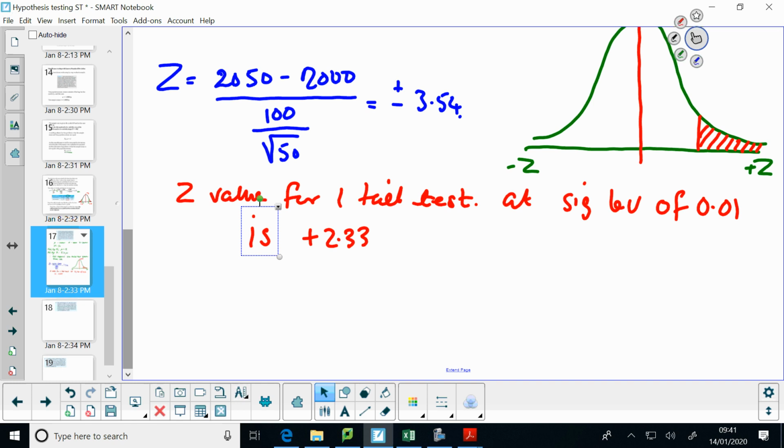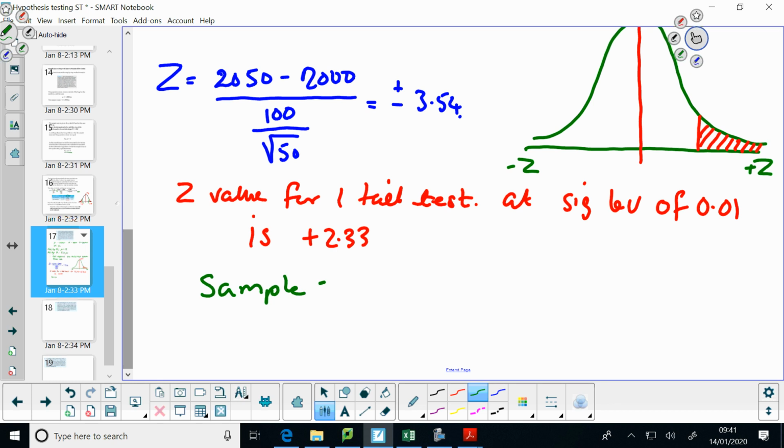So what we can say is the sample Z value is greater than 2.33.